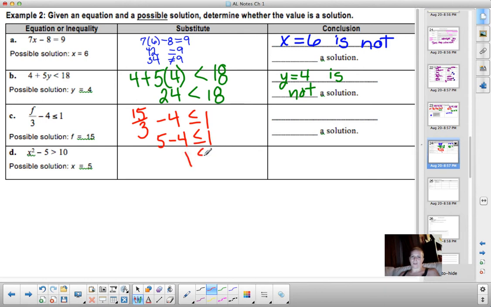Well, that's really 1 less than or equal to 1. Yeah, it's not less than, but it is equal to 1. So in this case, f equal to 15 is a solution. It works. We got a true statement when we got to the bottom of that problem.